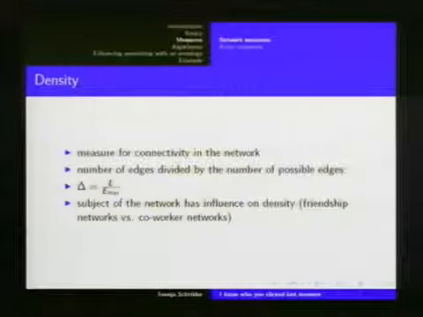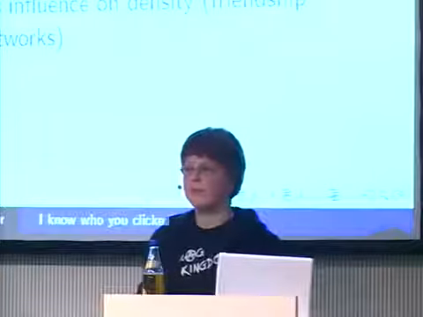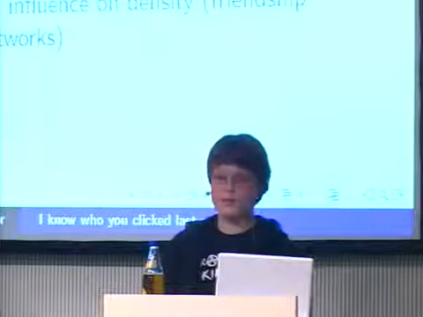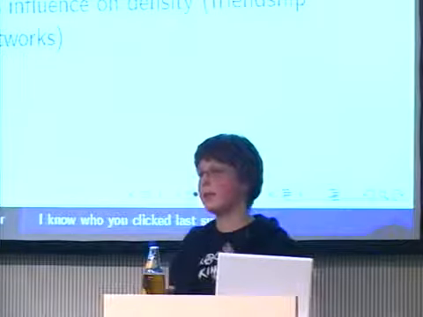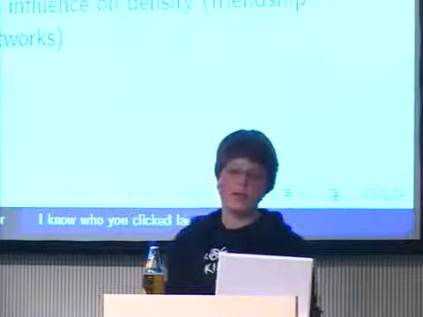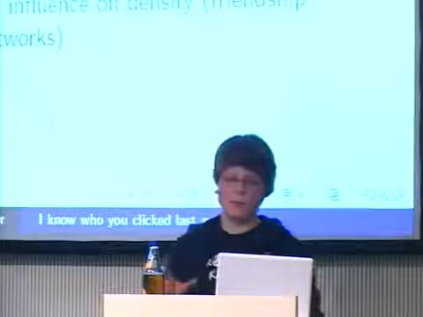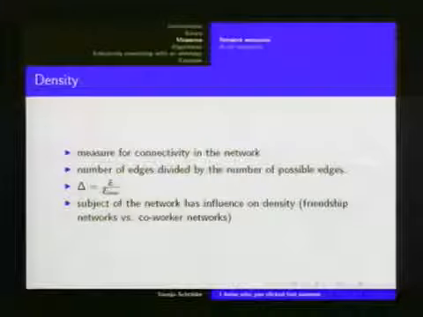One is the density. It's a graph measure. It measures connectivity in the network, based on how many links are in this network, and it's just the number of edges in this graph divided by the number of possible edges.